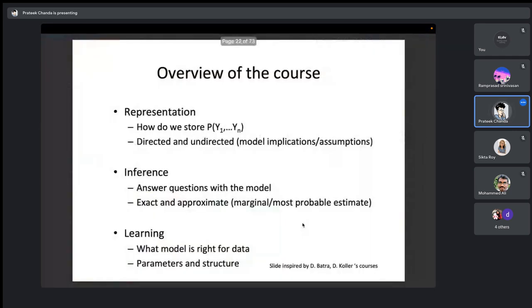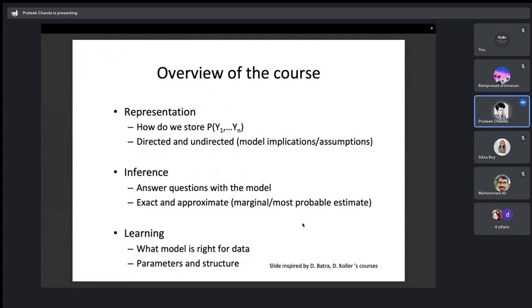I want to give a brief overview of how we are headed now. First, we want to look into representation, in the sense of how we store the joint distribution that we discussed, the probability of y1 to yn.